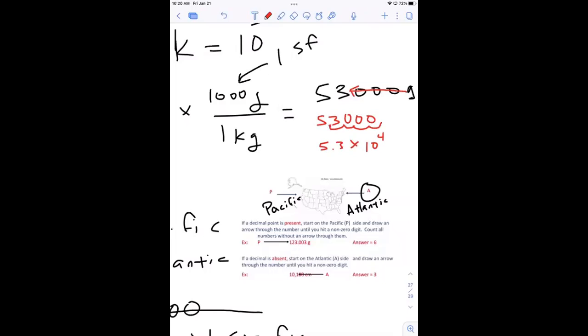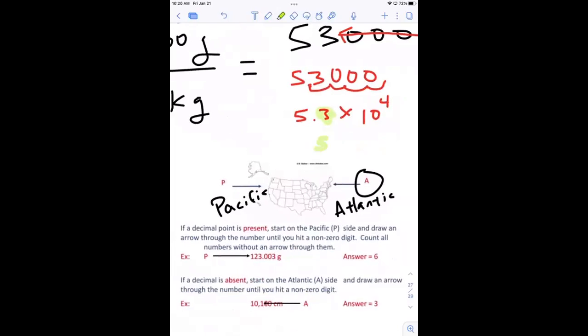So we don't make the 3 a 0, not just yet. We keep it as it is, because we still got 2 sig figs, so we got to get rid of 1. Because the 3 is not 5 or greater, we can round that number now. So it becomes 5 times 10 to the 4th grams. Does that make sense? Anybody not see that?